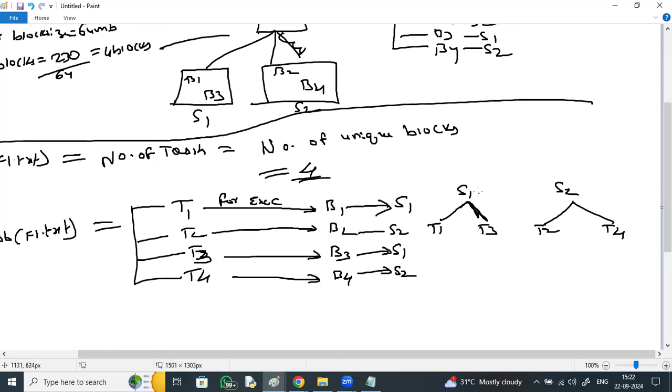In the system or slave one, when T1 is executing, T3 will be in the waiting state. When T2 is executing, T4 will be in the waiting state.